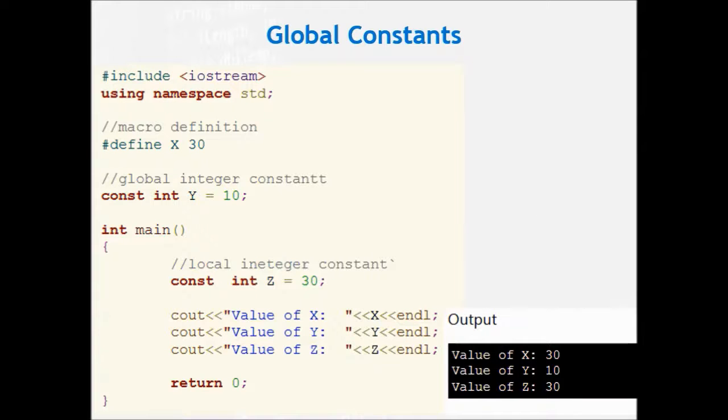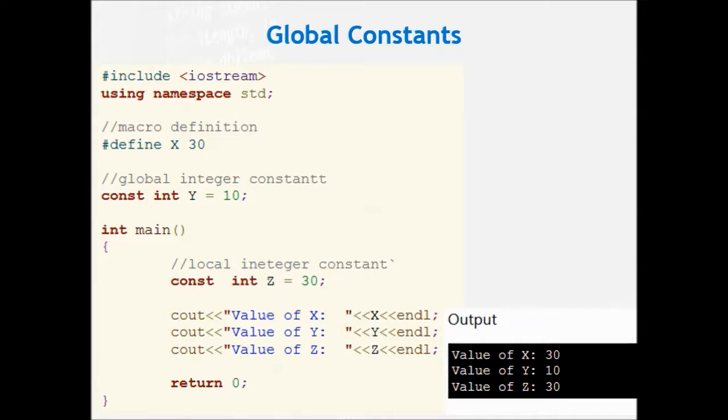Let's have an example with global constants. In this example, first of all, we declare a variable x as 30. This is called a macro definition. Forget about it and go to the next line. In the next line, we declare a variable int y and pass it a value 10.